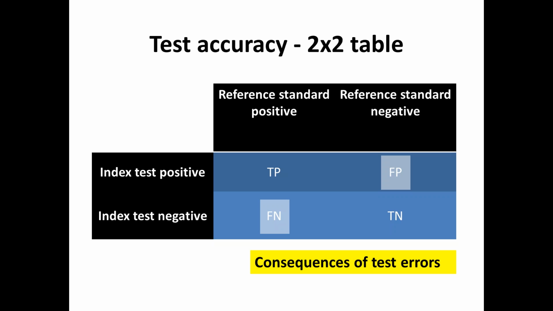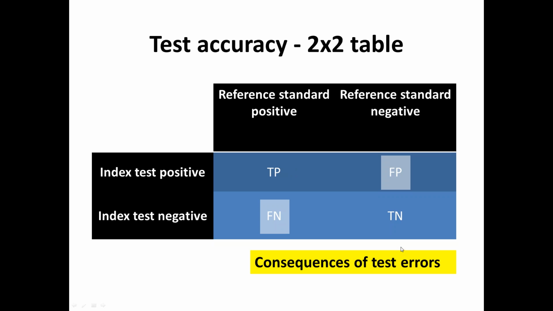And obviously for a test which is going to be a good test, we want these numbers to be as small as possible. And ideally they should be 0, but that's too hopeful in many cases. We'll typically always get some level of error. The other two cells are our results where the two tests agree. So these are TP, true positives, and TN are true negatives.